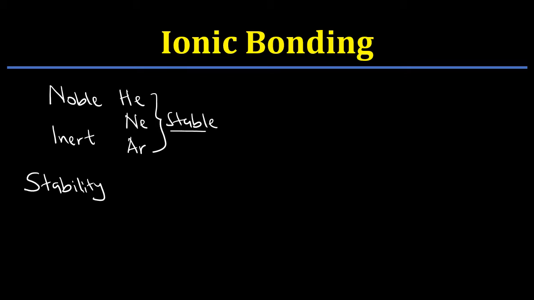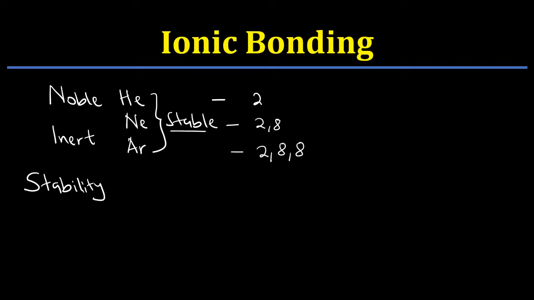When you look at helium, its electronic configuration is 2, neon 2,8, and then argon 2,8,8. So what is common in all these three is that they are stable, like I have said.